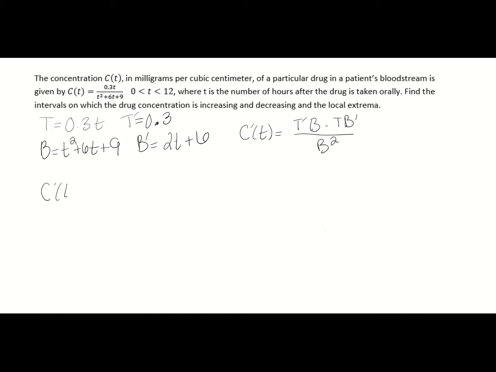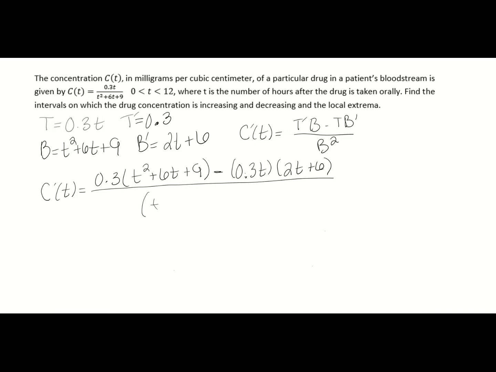So c prime of t, let's plug in all the goodies: 0.3 times t squared plus 6t plus 9 minus 0.3t times 2t plus 6, and that's going to be all over t squared plus 6t plus 9 squared.